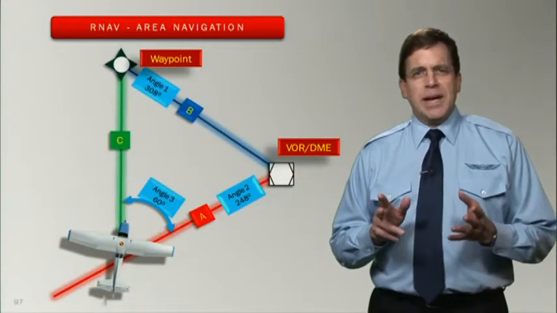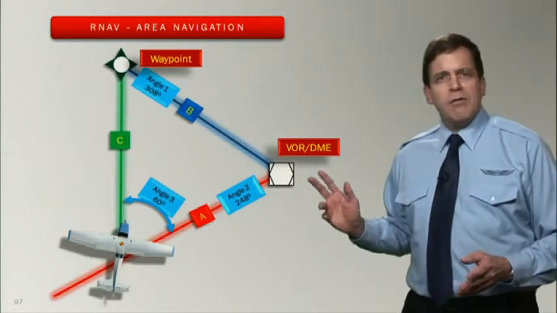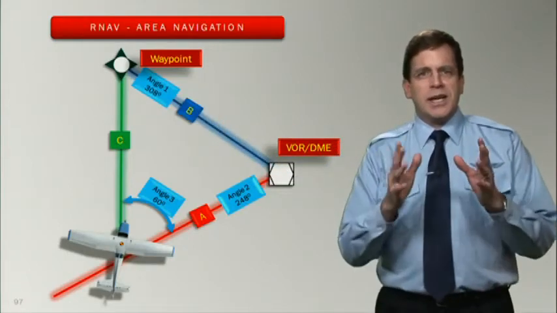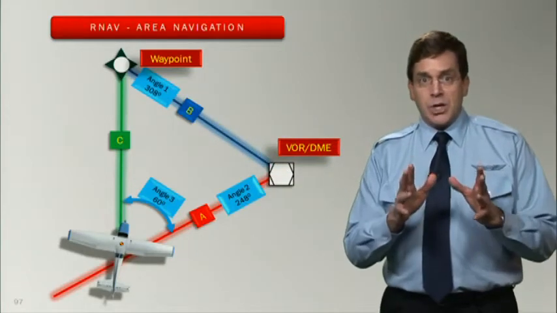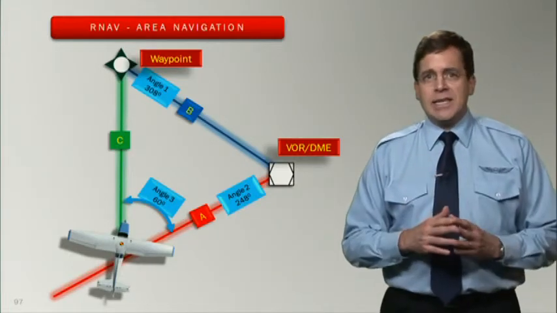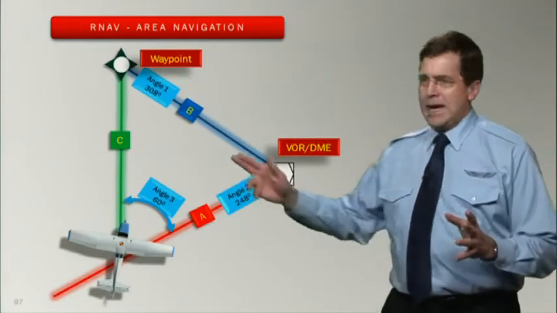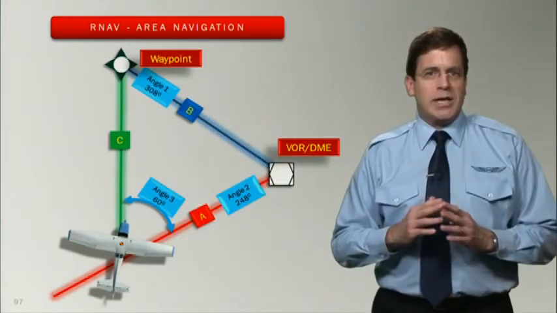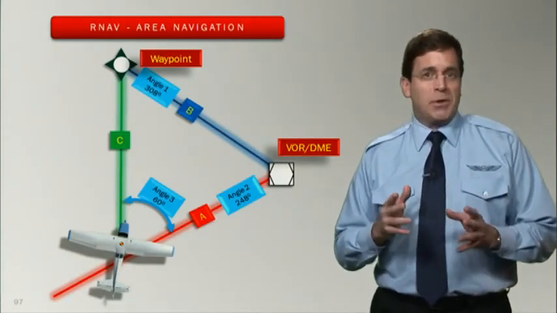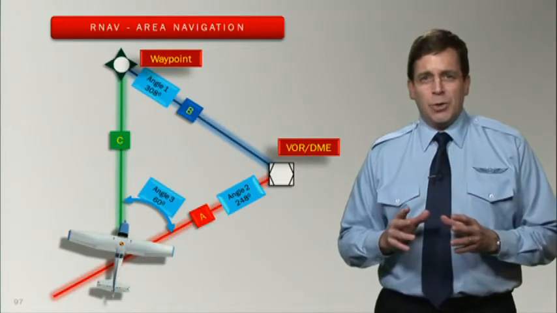VOR RNAV is based on information generated by the present VORTAC or VOR DME system to create a waypoint using an airborne computer. As shown here, the value of side A is the measured DME distance to the VOR DME. Side B, here, the distance from the VOR DME to the waypoint, and angle 1, VOR radial or the bearing from the VORTAC to the waypoint, are values set in the flight deck control.